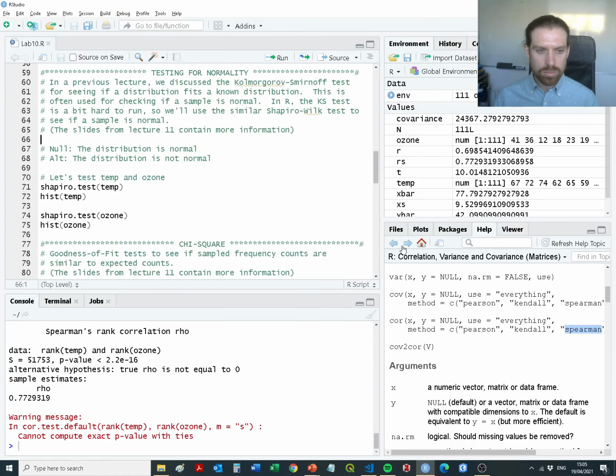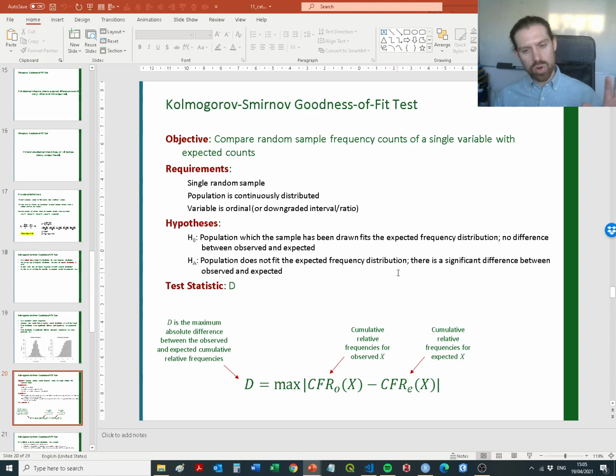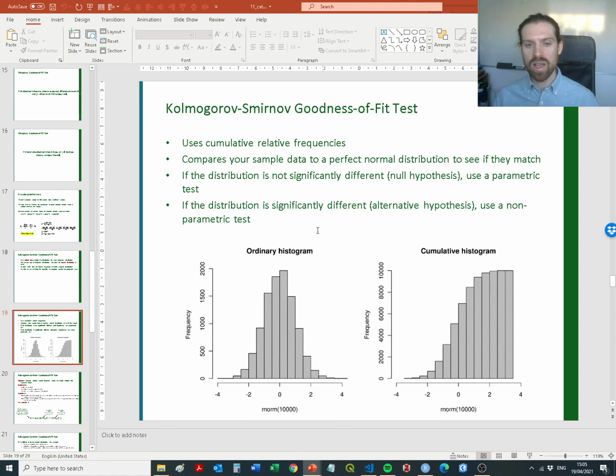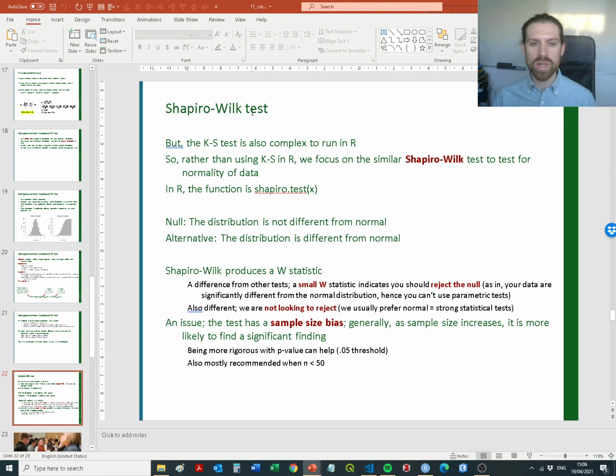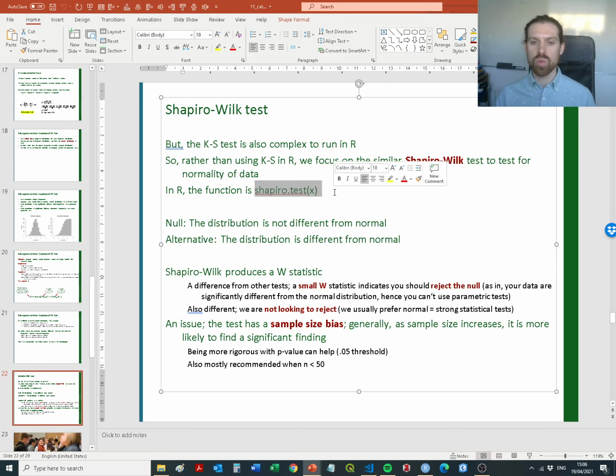Okay, so I think I mentioned before that it's somewhat laborious, burdensome to calculate the Kolmogorov-Smirnov test because we have to do this cumulative assessment. Instead, what we do is the Shapiro-Wilk test, which I quoted the function for in the previous lecture, and which we can just apply now.